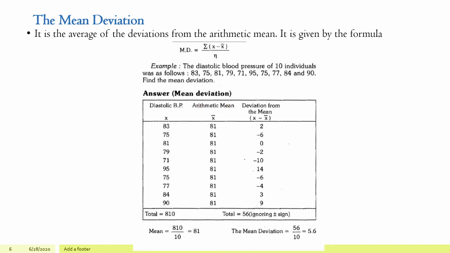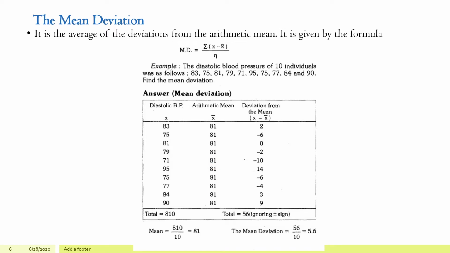How have you calculated this arithmetic mean? The total of this is 810, divided by the number of samples, because the total number of samples is 10. So 810 divided by 10 is equal to 81. So this is the mean, and we put it here.